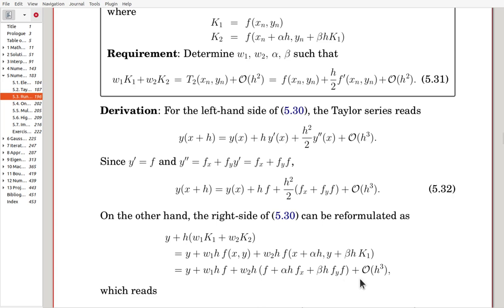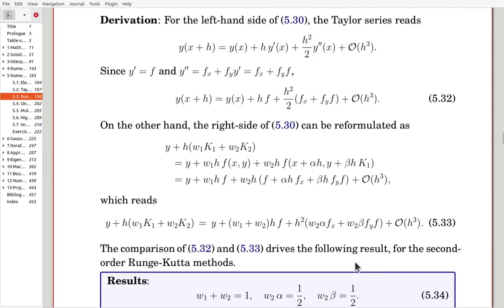The error we ignore as second order, but along with this h we have a third order error. So we rewrite, and that is the same as y plus w1 plus w2 times h f. We combine these two, and for h squared we have this term and an order h cubed error.